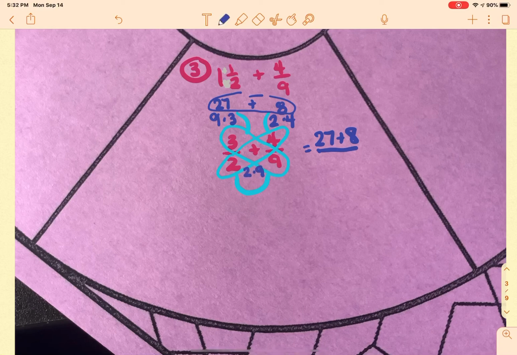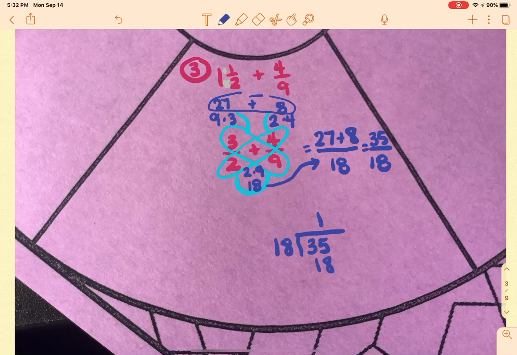So 2 times 9 is 18, and that goes over here. So if I add 27 and 8, it's going to be 35 over 18. That does not reduce, but because that's bigger than this number, I'm going to have to divide it out. So 18 would go in there once, with 17 left over. So it's going to be 1 and 17 over 18.